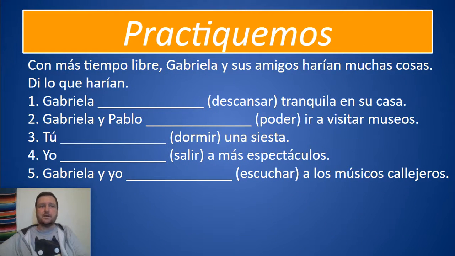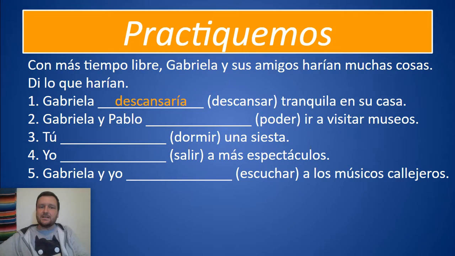Practiquemos. Let's practice. So the instruction says, con más tiempo libre, Gabriela y sus amigos harían muchas cosas. Di lo que harían. With more time, Gabriela and her friends would do many things. What would they do? Say what they would do. For example, Gabriela, descansar tranquila en casa.